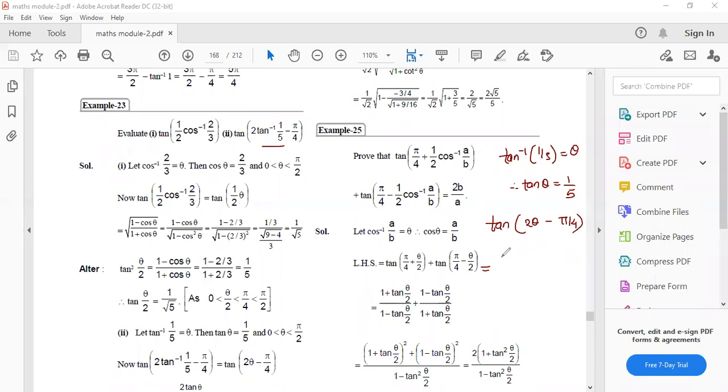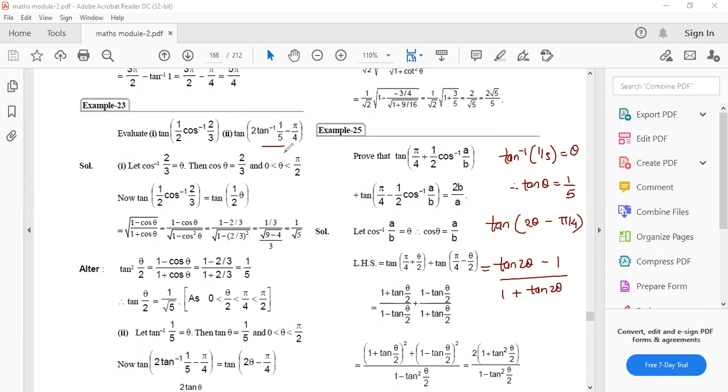Now if you expand this, tan A minus tan B upon 1 plus tan A tan B, that is tan 2 theta. Yes? Now simply do one thing, because tan pi by 4 will be 1, no? So tan A minus B is tan A minus tan B upon 1 plus tan A tan B. So this will be the expression.